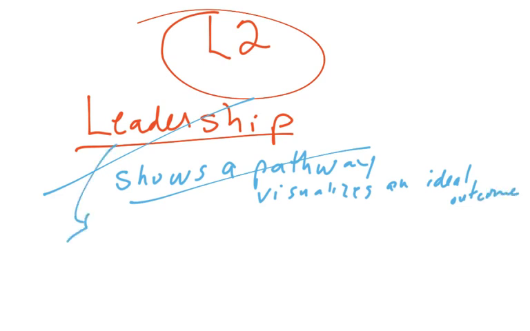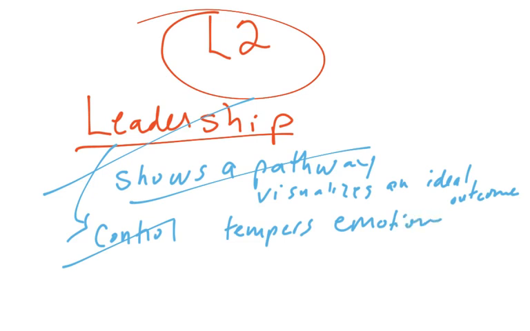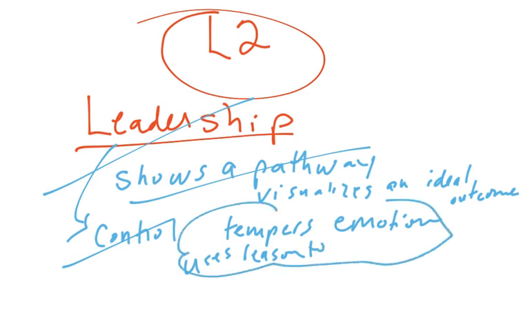Perhaps another trait that's general is that the leader has control. We'll factor that: he tempers emotion, or that he uses reason to temper emotion. So we're getting a little bit toward the prime there. Maybe the leader understands the moment.